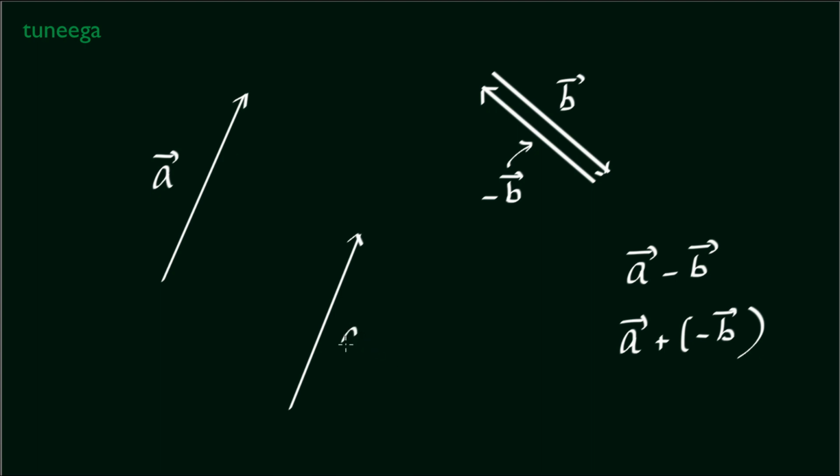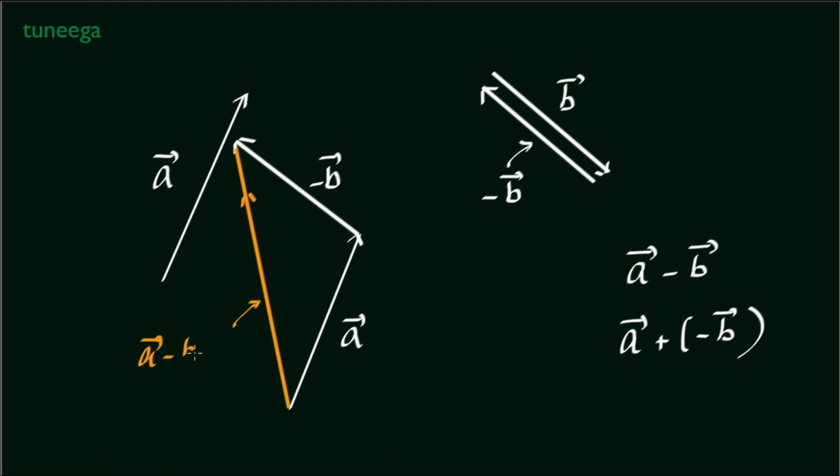So this is vector A. And to that you have to add minus B. So slide minus B until its tail is touching the tip of A. See, this vector is minus B. Add these two, what do I get? The resultant is this vector, which is A minus B. So this vector is A minus B.